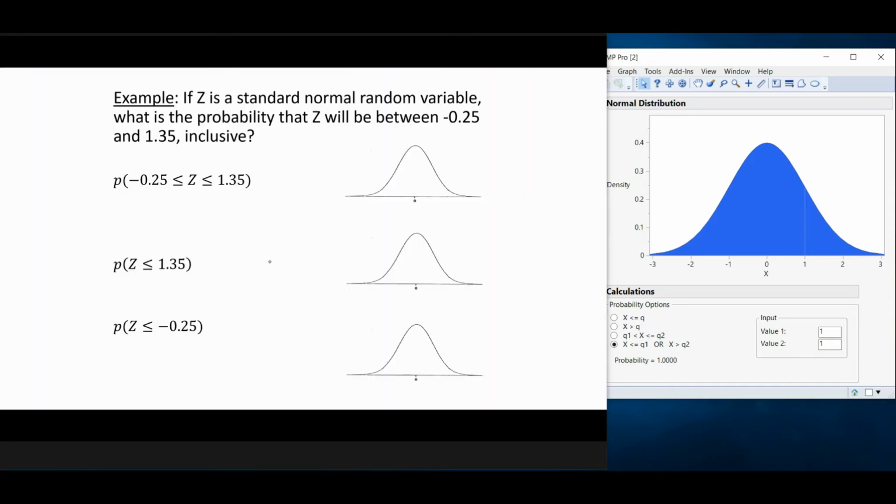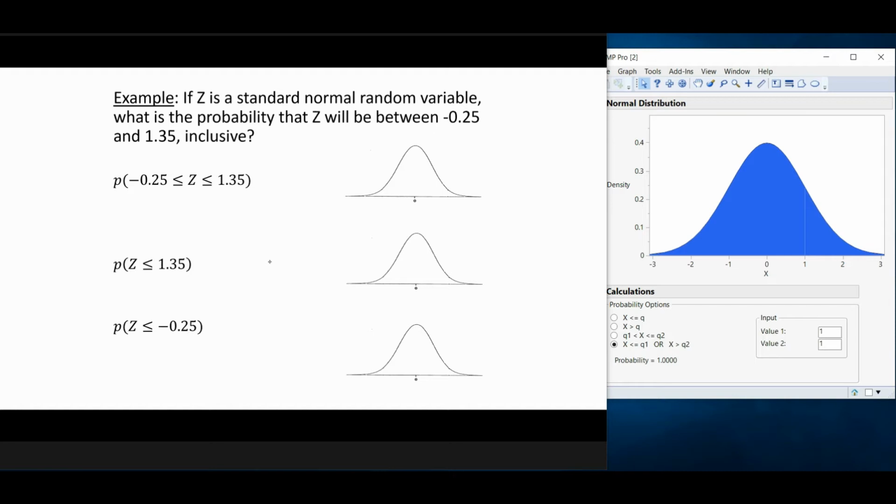Here I have Z is a standard normal random variable, and I want to know what's the probability that Z will be between negative 0.25 and 1.35 inclusive. That means that we'll include the equalities on those.